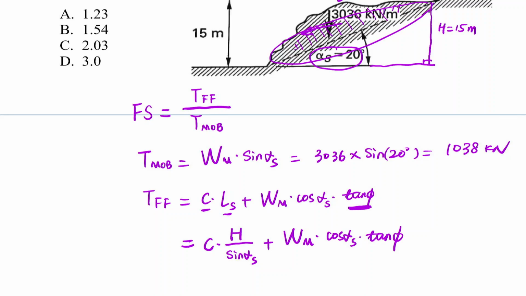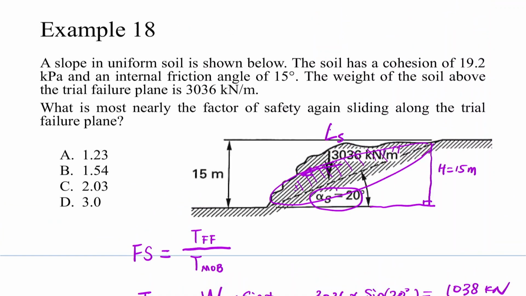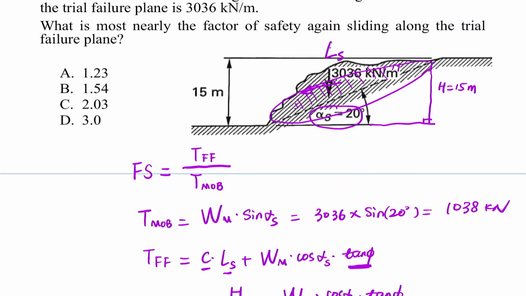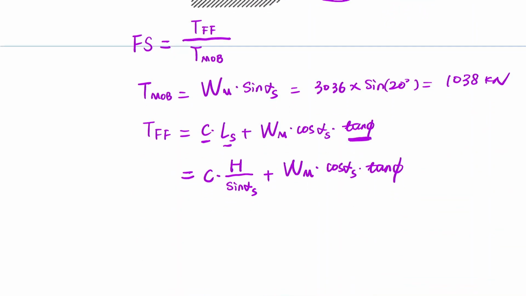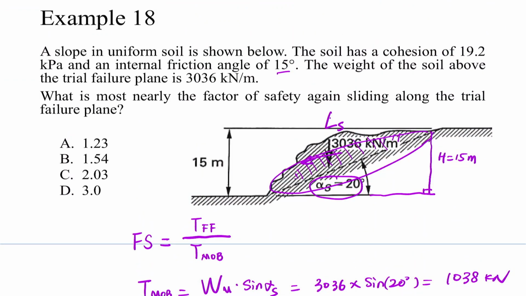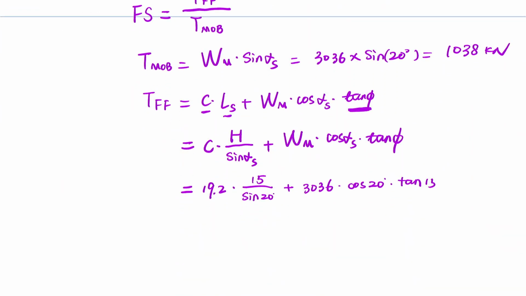H is 15, cohesion is 19.2 kilopascal, and the friction angle is 15 degrees.